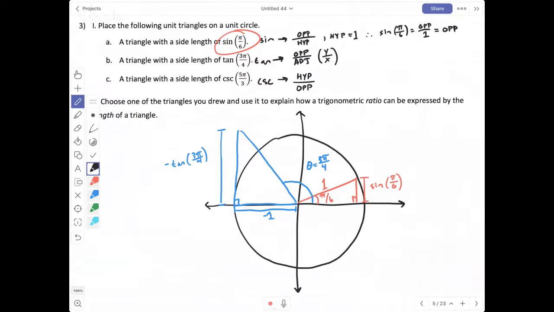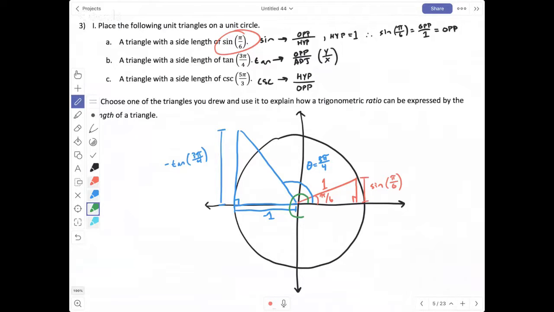So if I want the opposite, which is the y value, to be 1, so that the hypotenuse can be this cosecant, I'll make the y value at 5 pi over 3 radians equal to 1. So I'm going to mark out here 5 pi over 3 radians, which looks like that.